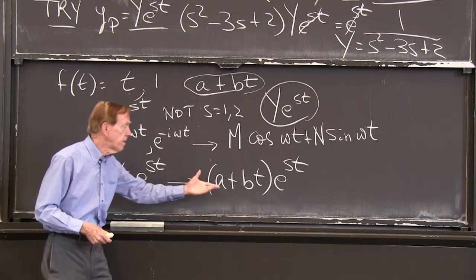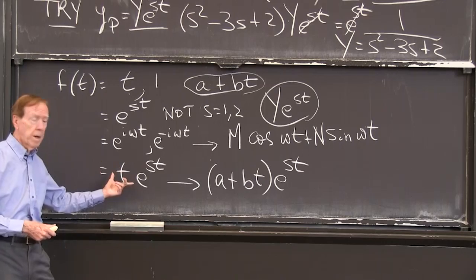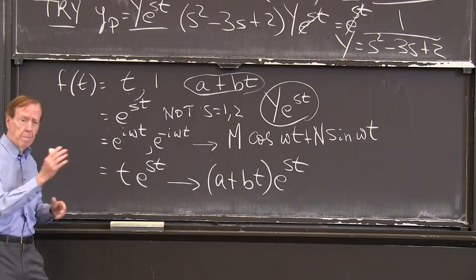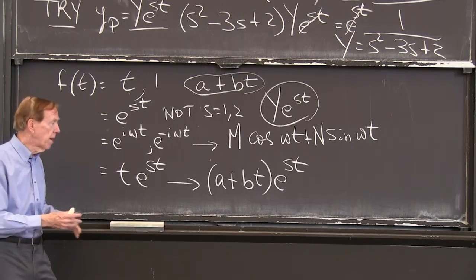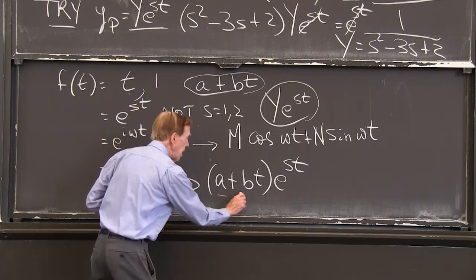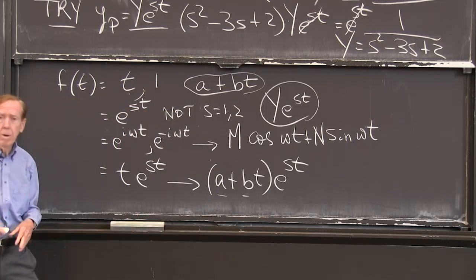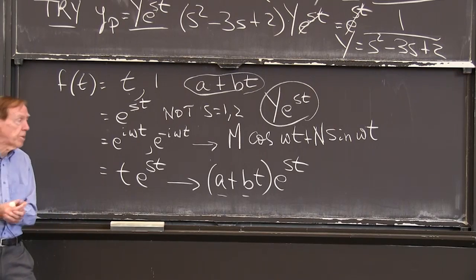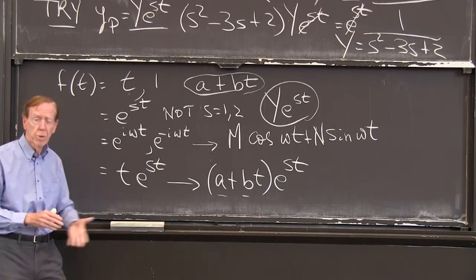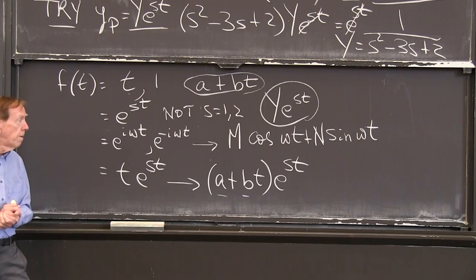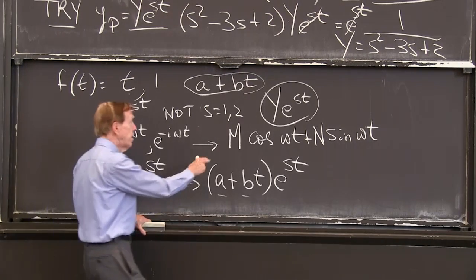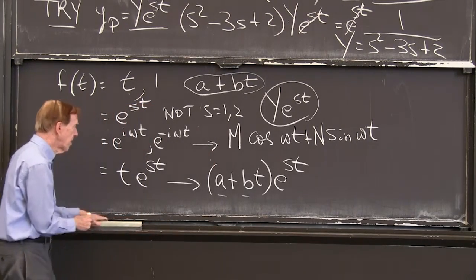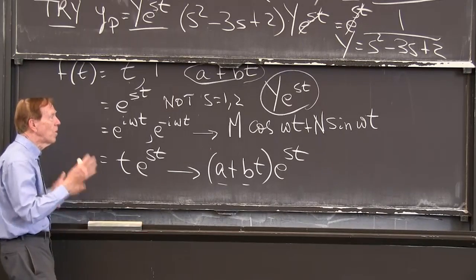Put that into the differential equation when this is the right-hand side. Match left side with right side. That will tell you A and B, and you have the answer. You have the particular solution. You have a particular solution, and that's what you wanted. Okay. And if I had t cosine omega t, do you want to see the whole business?